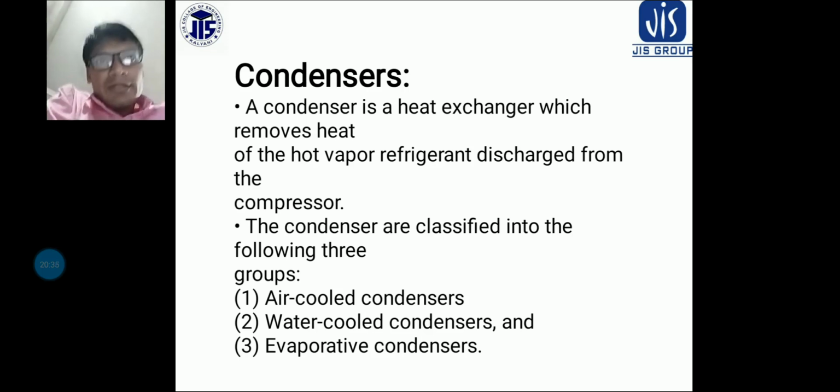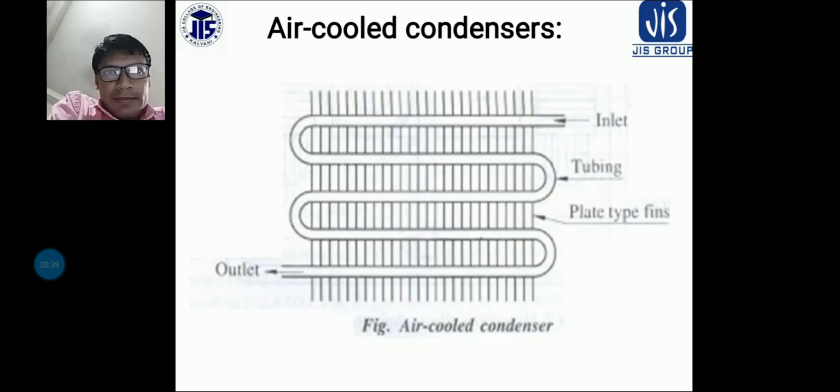Now the types of condenser I have already told you. First is your air cooled condenser. Okay, so three types of condenser: air cooled condenser, water cooled condenser, evaporative condenser. As the names imply, air cooled condenser uses air as the cooling medium, and water cooled condenser uses water as the medium.